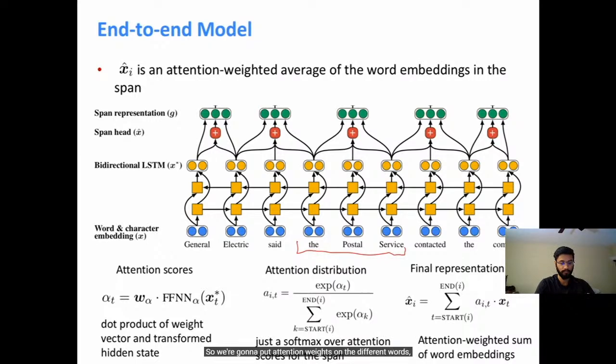We put attention weights on the different words, and then, in the usual attention way, we make a weighted sum, having put the bidirectional LSTM outputs through a feed-forward network, and end up with this new weighted representation.